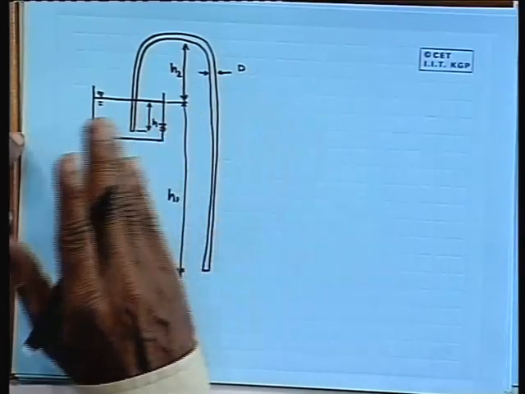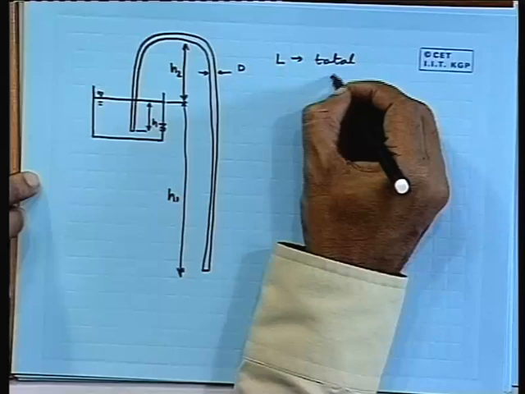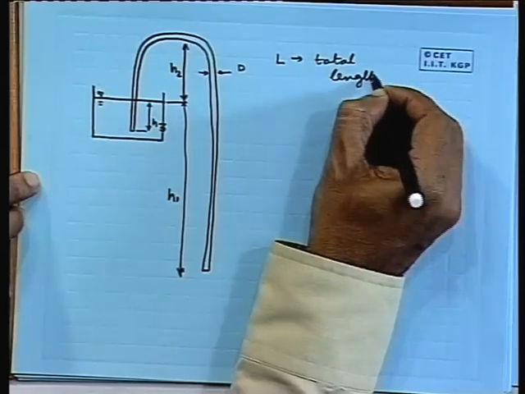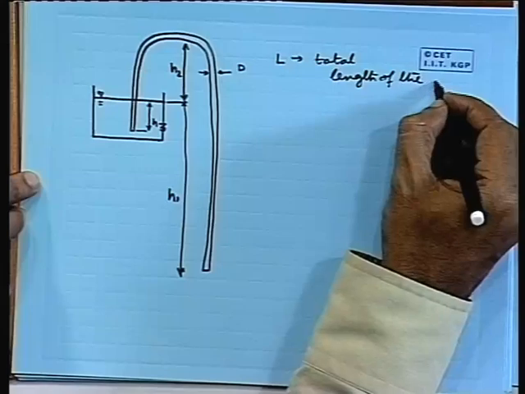In fluid flow through pipe, we are not interested in outer diameter. So, we are interested in inner diameter. And let us say L, total length of the siphon tube.